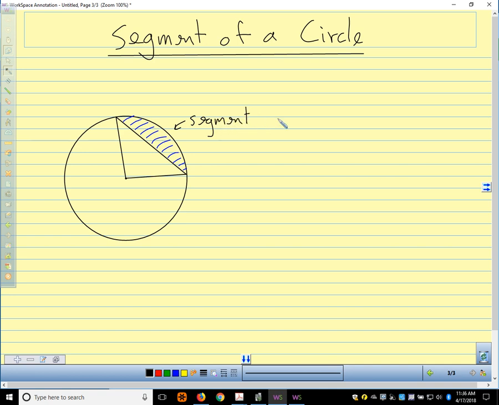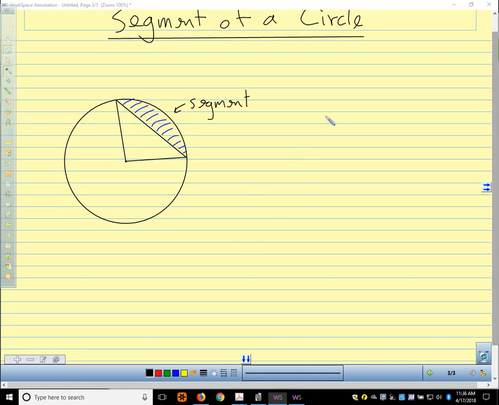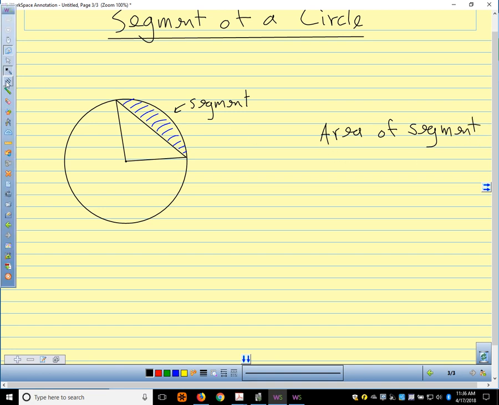And we already know how to find the area of a segment. We just maybe don't realize it. So I'm going to draw a little picture here to give us a visual. The area of a segment, I'm going to draw 3 circles here. And they're all supposed to be the same circle. And I'm going to make an equation with those circles.